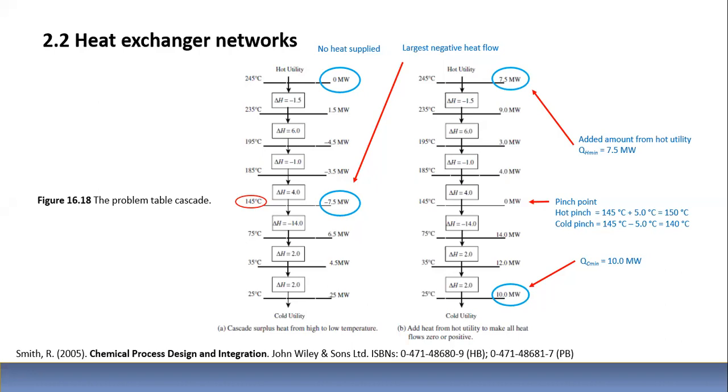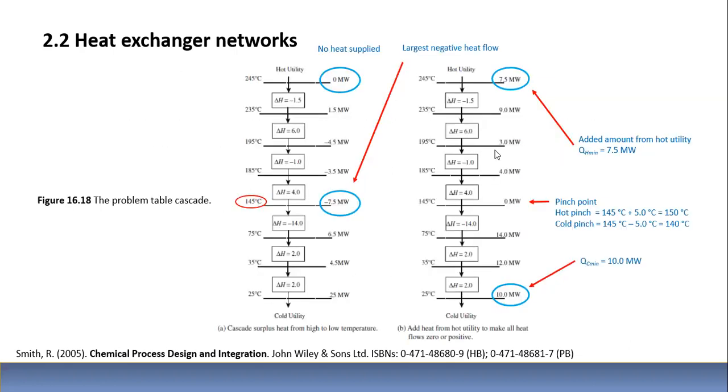On the one that had a delta T minimum of 10, we needed to supply 7.5 megawatts to the right of the diagram, if you guys remember. And we needed to withdraw 10 megawatts on the left side of the diagram. So these represent the exact same numbers, but now on the table, which is easier to read.